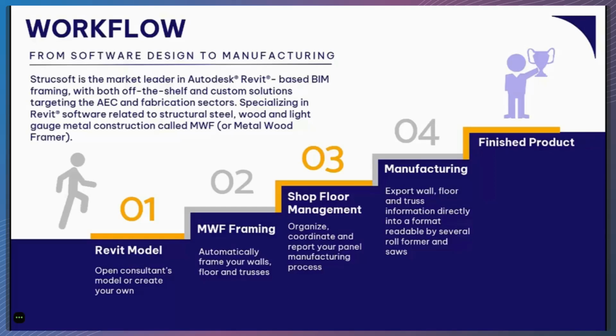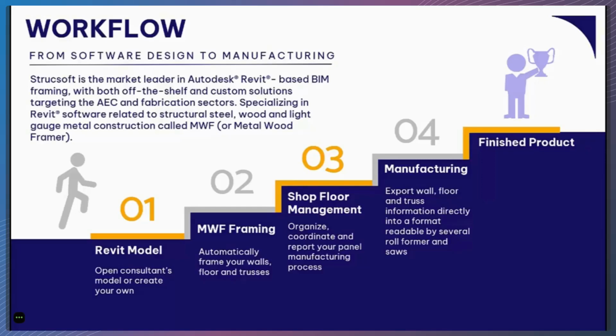We also can coordinate with other trades. For clash detection, we will recognize penetrants that go through wall or through stud. Once all of that is done as well, we can automate the process of creating shop drawings, and then we move on to the manufacturing stage. So everything that you created in your Revit model can be exported.